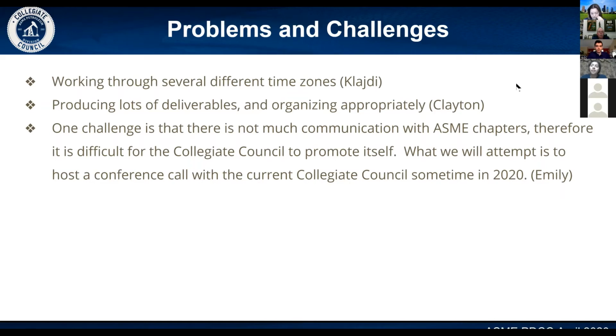Like I said, the conference call is one way for people to have access to learning about what the Collegiate Council is, even though they don't know anybody who's in it or know about it at all. It can be shown to students who are not current members of ASME and who will be encouraged to become members. And likewise for people who already are members of ASME but haven't considered participating in programs like this one.